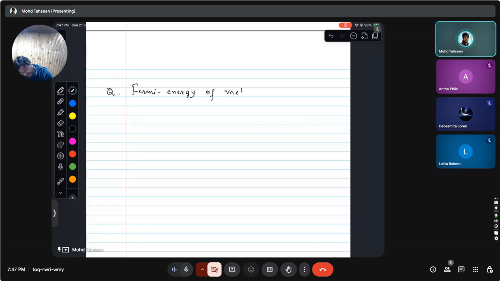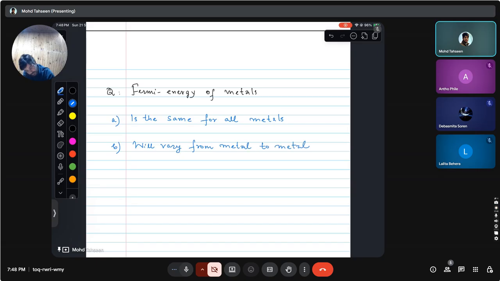Okay, Fermi energy of metals. A is the same for all metals. B will vary from metal to metal. C changes with temperature.